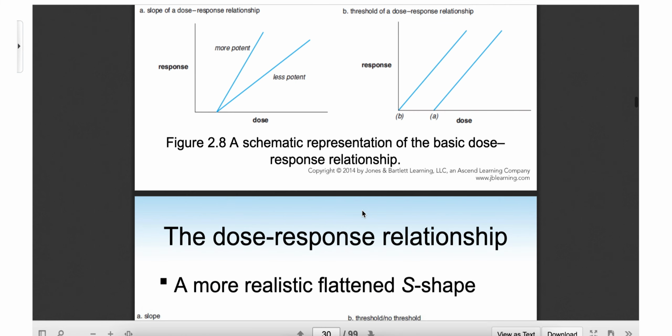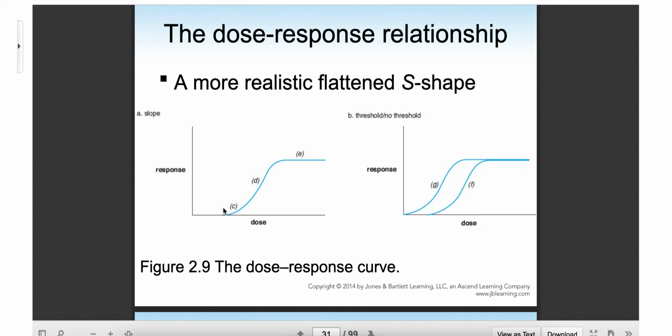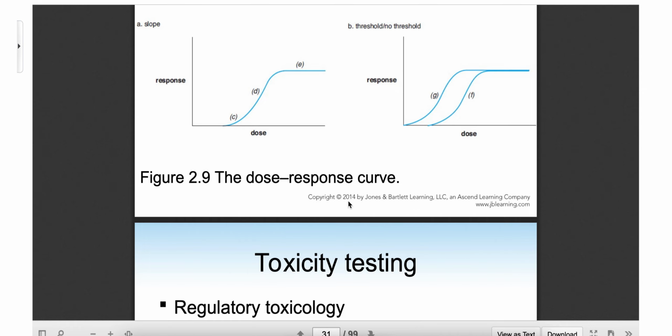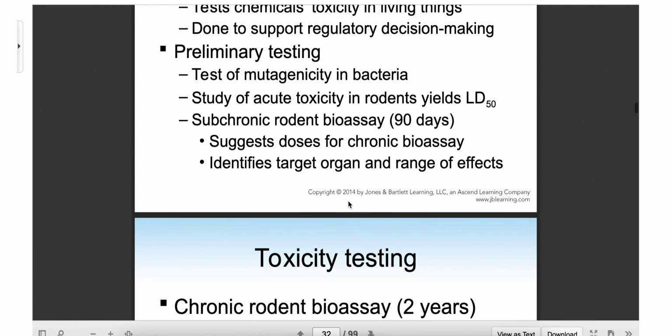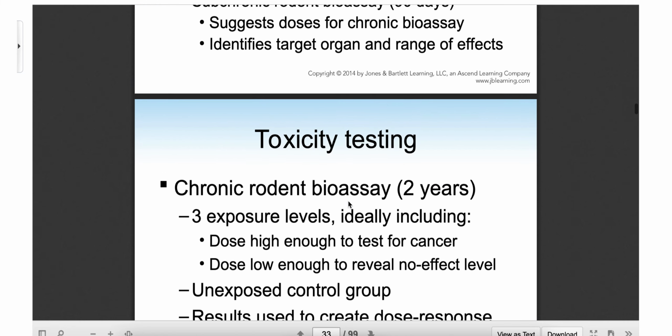So there are a lot of different ways to look at that. Looking at these curves, where there's no effect, then effect happening, and then we get to a certain point where we've basically maxed out the dose and we see no more response, and how that curve can shift over time. As you're doing that, you'll be reading about toxicology testing and how those can be tested for in different ways.